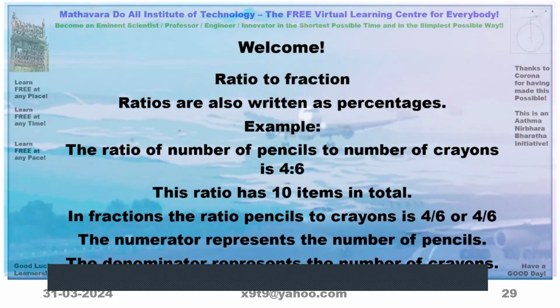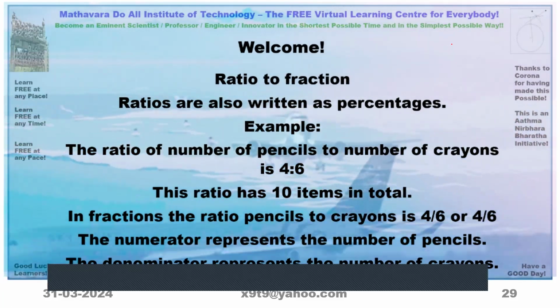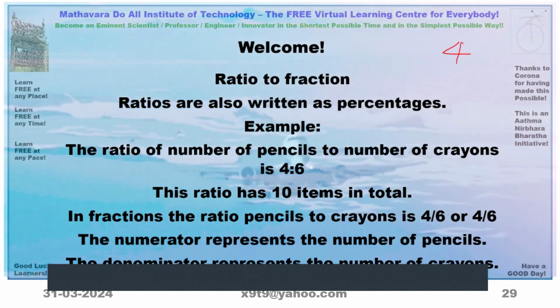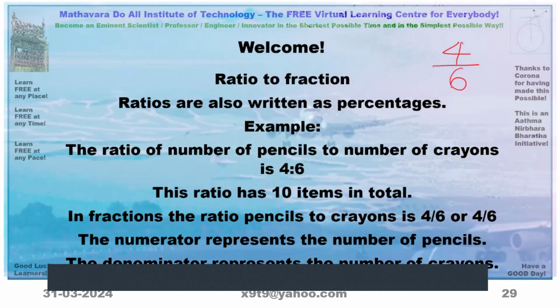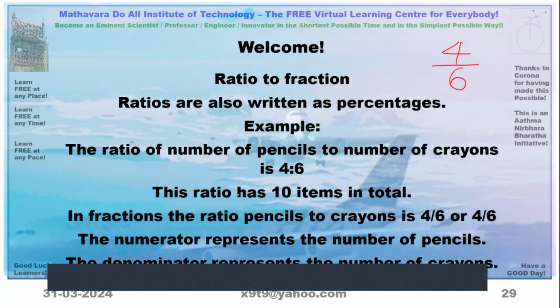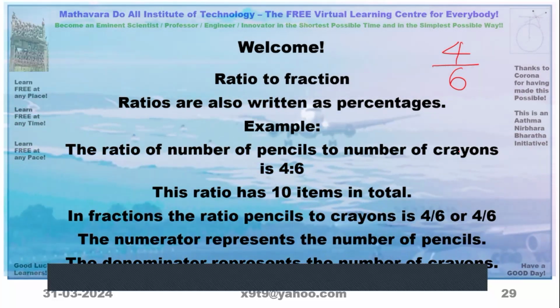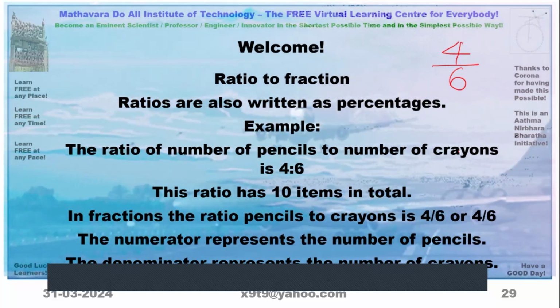We can write it like 4 divided by 6. The numerator represents the number of pencils and the denominator represents the number of crayons.